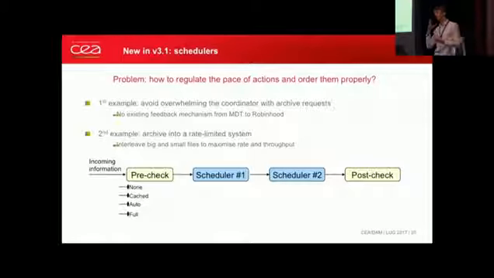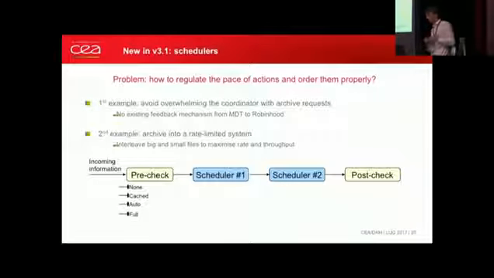Typically, on a Lustre HSM deployment, Robinhood is likely to generate lots and lots of archive requests and overload the coordinator, which is the component that handles the HSM requests on the MDS. There is currently no feedback mechanism from the coordinator to Robinhood. So a solution was to add a mechanism to Robinhood to slow it down when the coordinator is full.